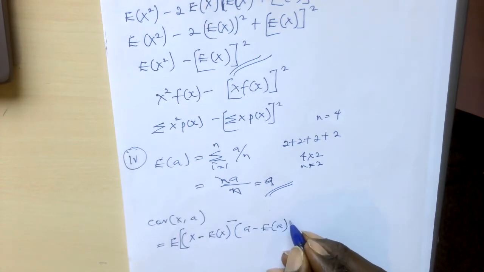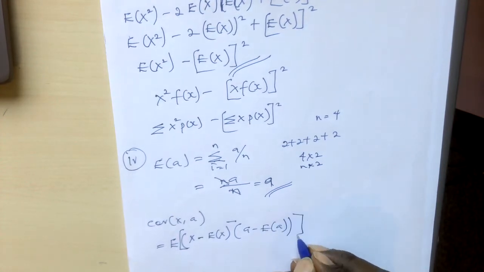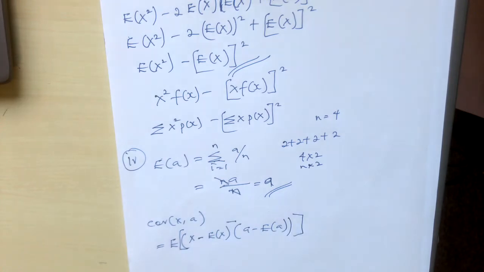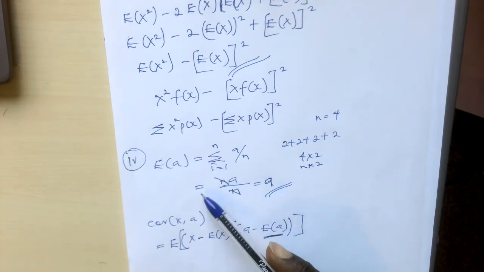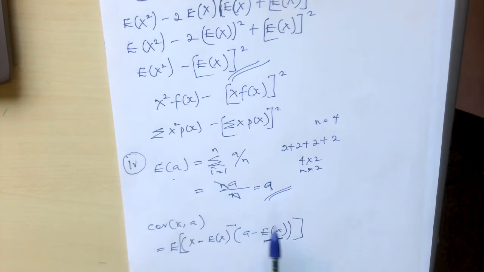That is the definition of covariance between x and a. If you look at this clearly, you'll find that the expected value of a is what we just proved here. It's a.